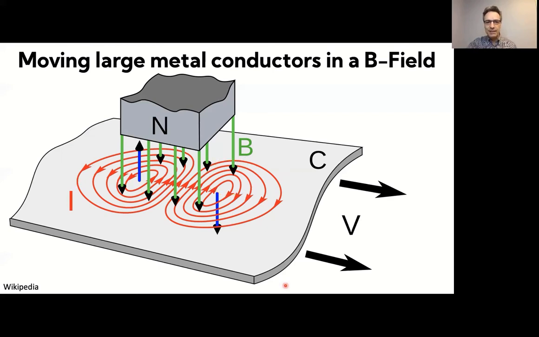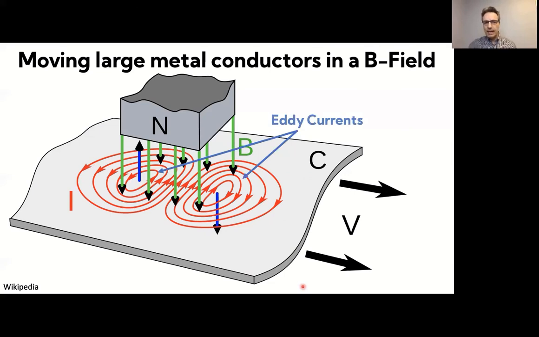But in any event, these are eddy currents. They're closed loops. They're called eddy currents because they look a little bit like eddies that you can find in the water or in your bathtub. They are these roundish currents that you get in large metal areas.